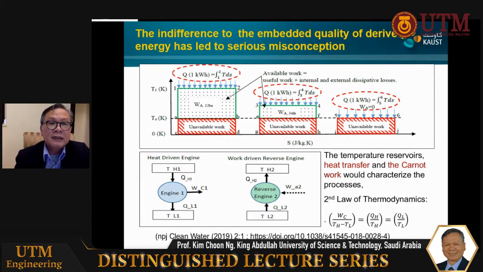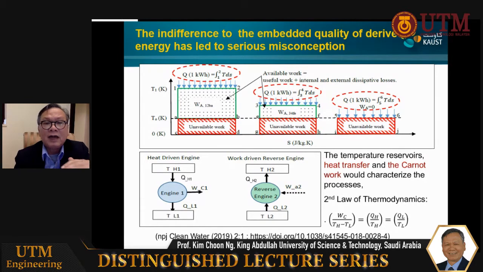As you can see, on the left-hand side, that cycle is supplied at a high temperature reservoir temperature at T1, and the blue rectangle represents the available work, while the red rectangle below represents the unavailable work.